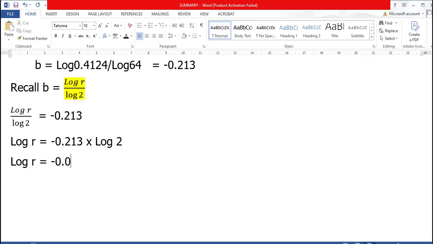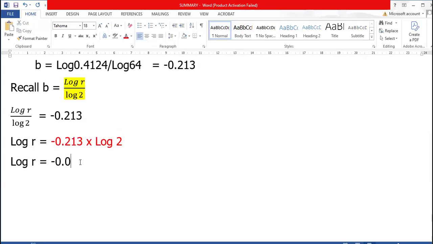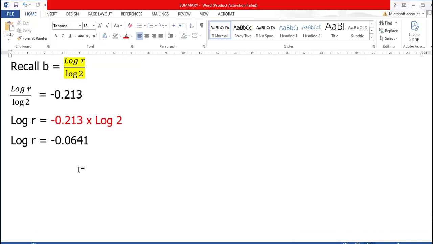Negative 0.213 times log 2. Sorry, I divided instead of multiplying. Remember, we are cross multiplying. This is over 1. So you take this side, this one, this side. You multiply. What do you get? Negative 0.0641. Colleagues, in an exam, pay attention to details.